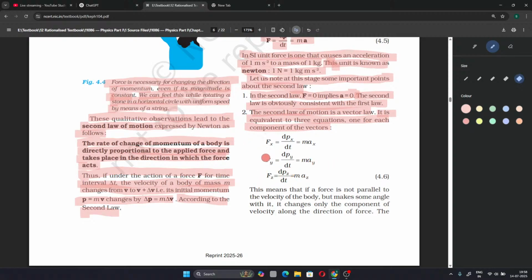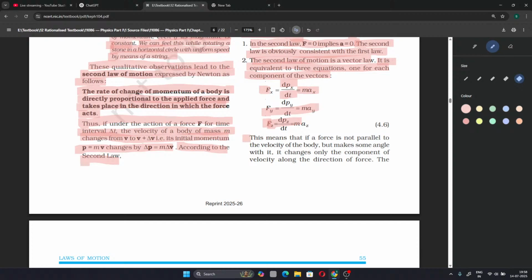So we define force in all these directions, and momentum is also defined in all 3 directions, where force in the x direction equals dp_x by dt, which is also written as m, the mass of the body, times acceleration in the x direction. Same for the y axis, same for the z axis.